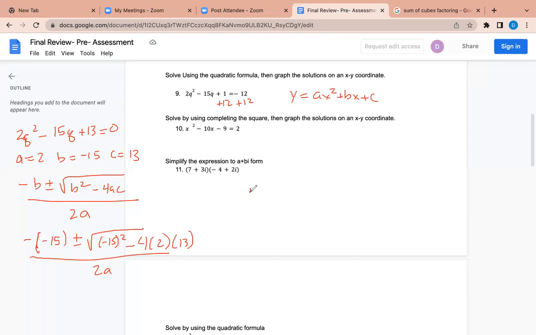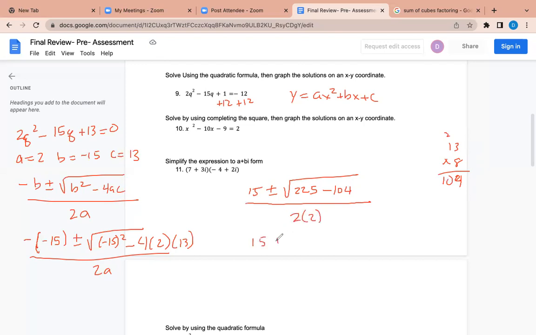This is equal to 15 plus or minus the square root of 225 minus 104, right? 8 times 13 is 104, all over 2 times 2.